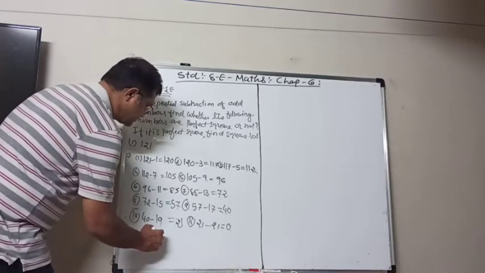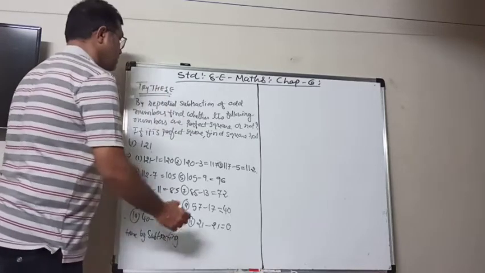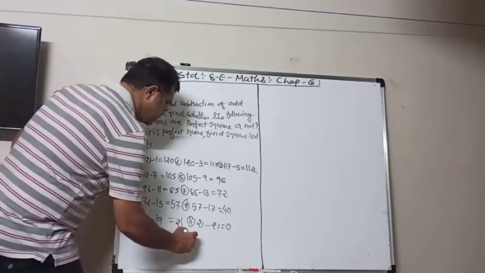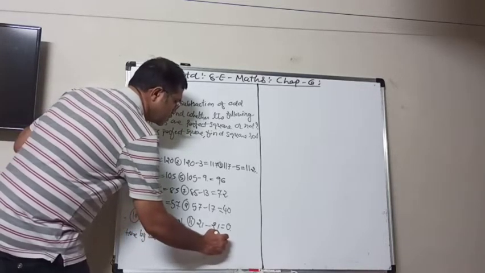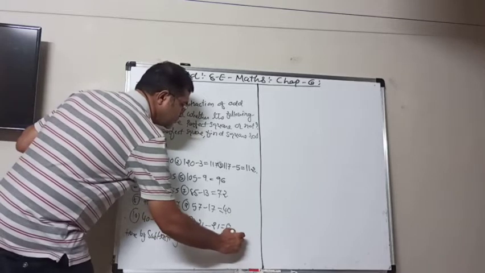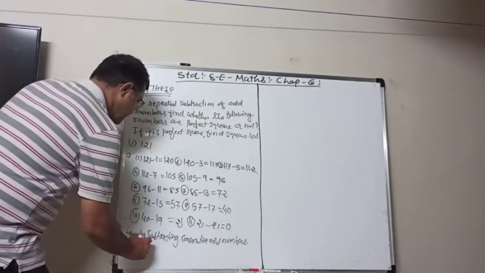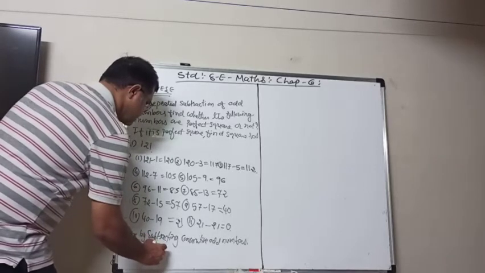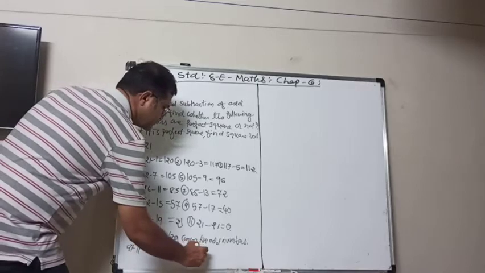So here, by subtracting consecutive odd numbers, at the 11th step we get the answer 0.